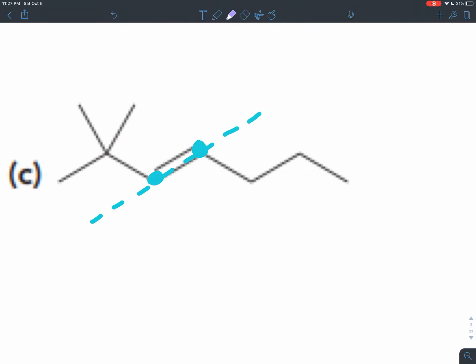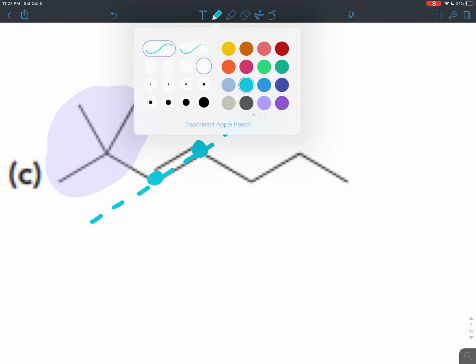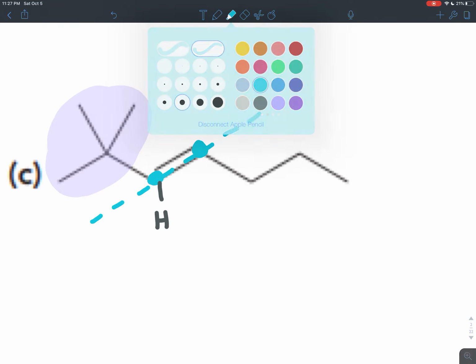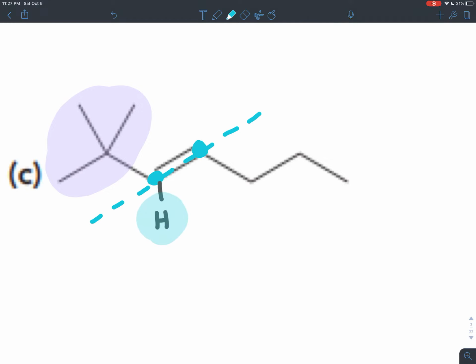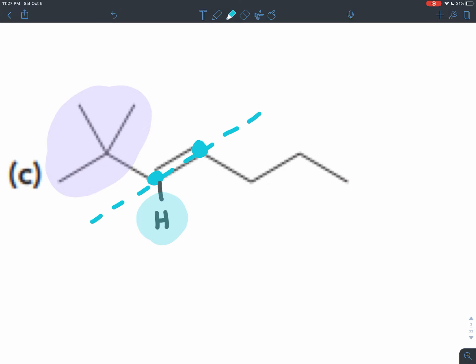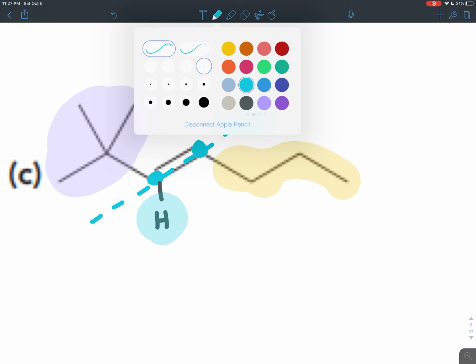Now, the carbon on the left is attached to a sort of tert-butyl group on the one hand, and the other thing it's attached to is an invisible hydrogen. The carbon on the right is attached to a sort of propyl group, but it's also attached to an invisible hydrogen.